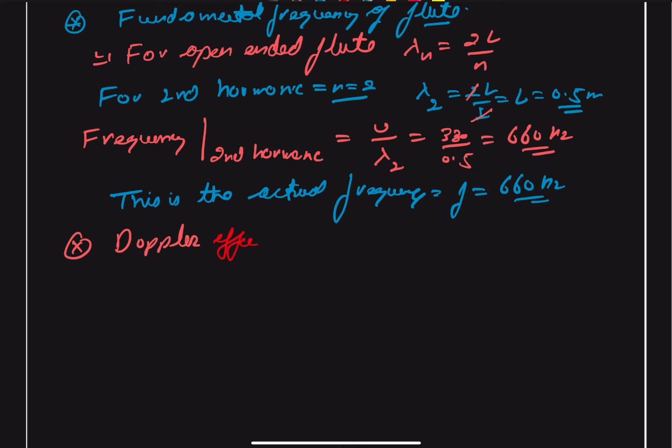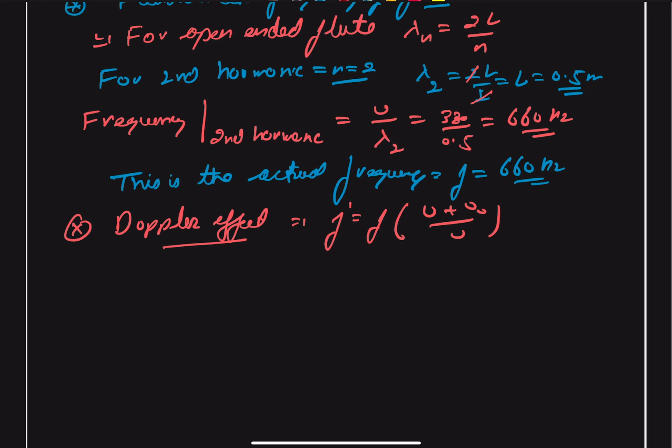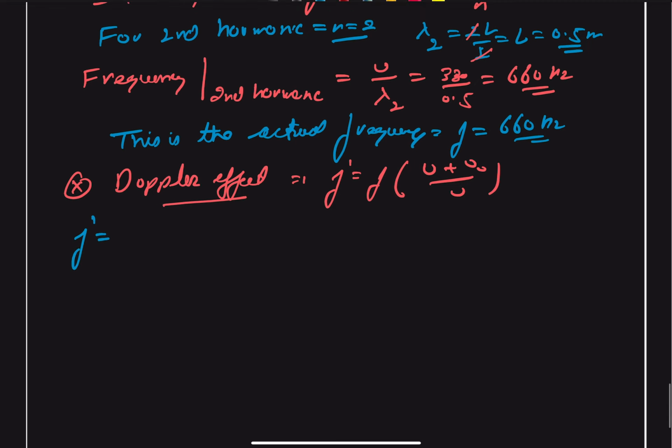Doppler effect. So we can write F prime will be equal to F times (V plus V naught) divided by V, as the observer is moving towards the source, and the source is our flute. So F prime is our apparent frequency or observed frequency. And this F sometimes is also called the natural frequency.